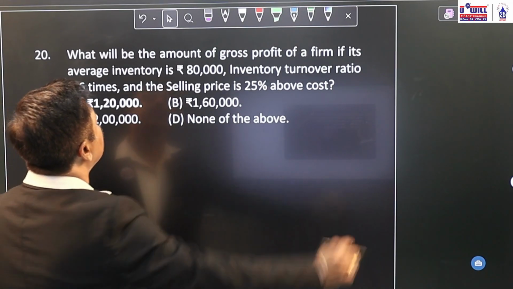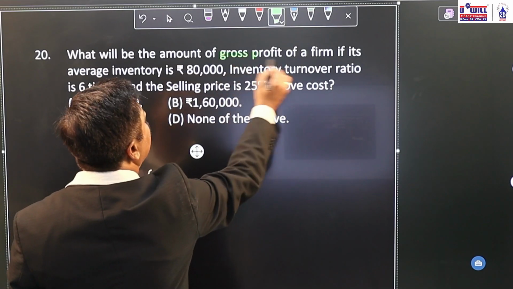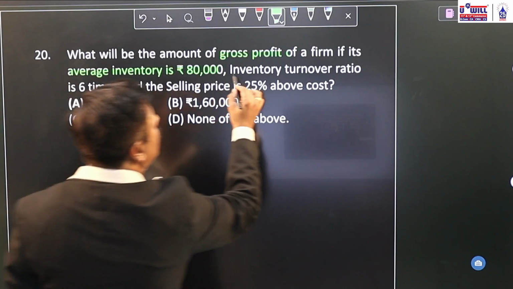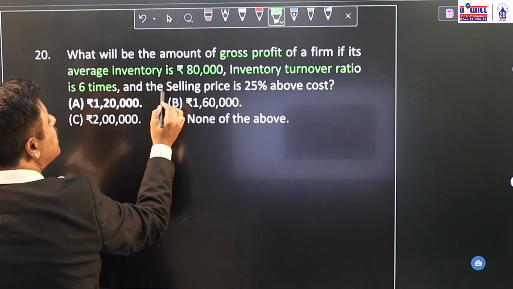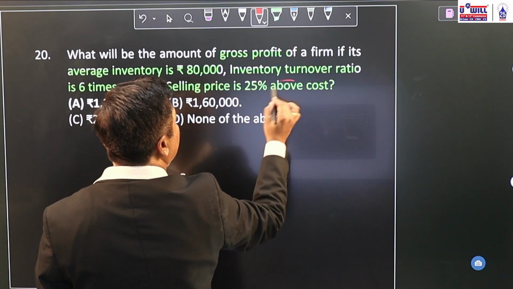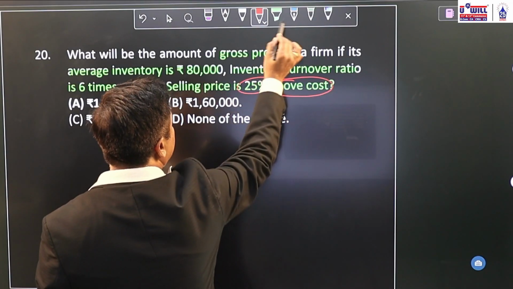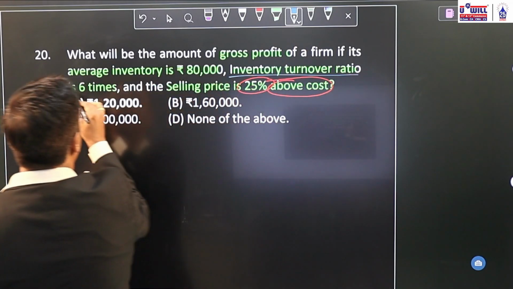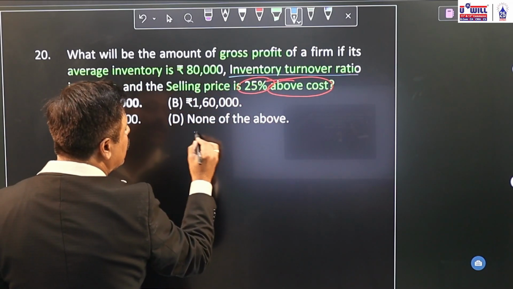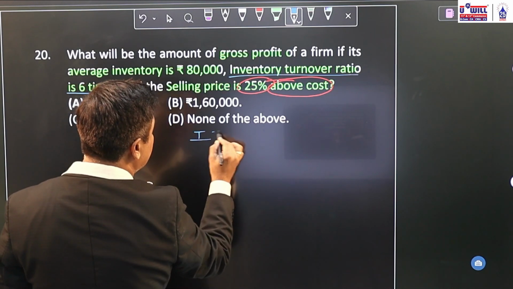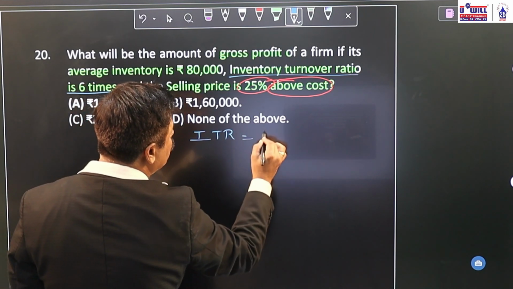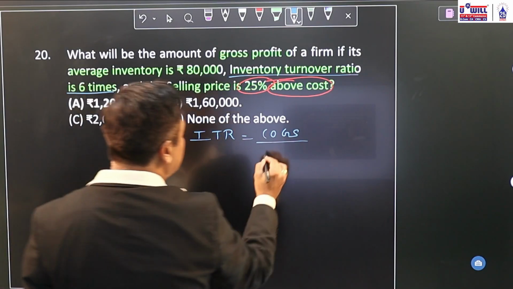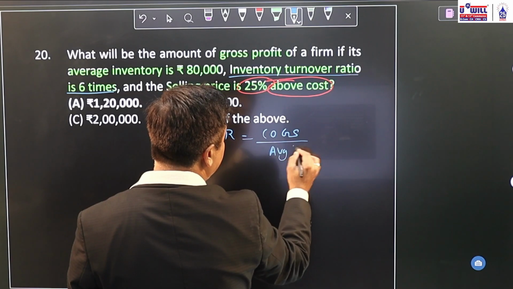What will be the amount of gross profit of a firm if its average inventory is 80,000, inventory turnover ratio is 6 times, and selling price is 25% above cost? Let's do step by step. First, inventory turnover ratio is given to you as 6 times. Use that formula. Inventory turnover ratio equals cost of goods sold or cost of revenue from operations upon average inventory.